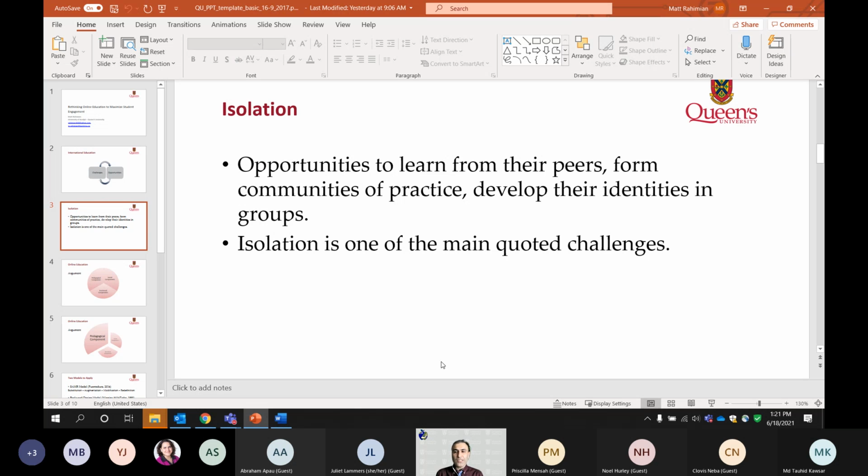One of the big challenges that I came across in my research and scholarship of international education was isolation. When I was doing my master's degree, my second master's degree actually, I realized that sometimes international students are not fitting well into the communications when they enter into different communities of practice.